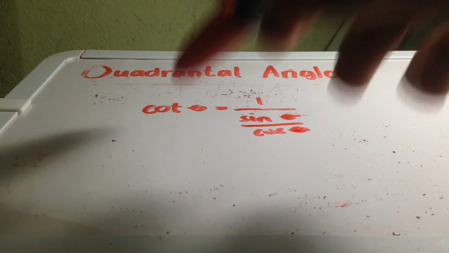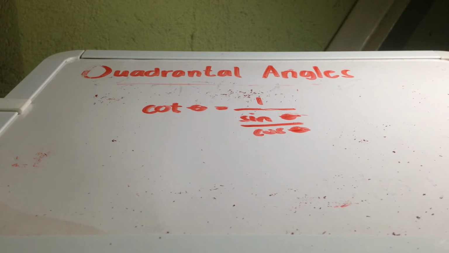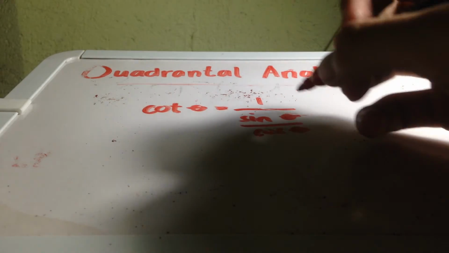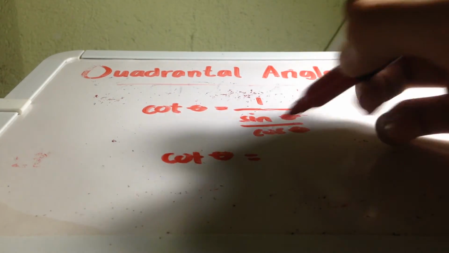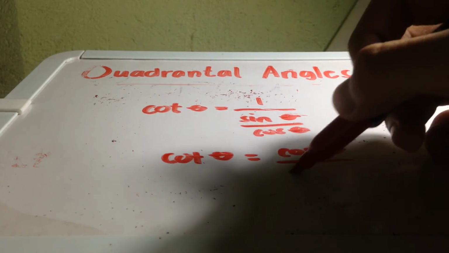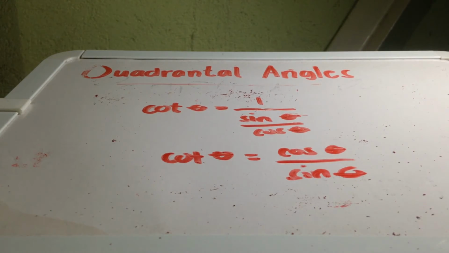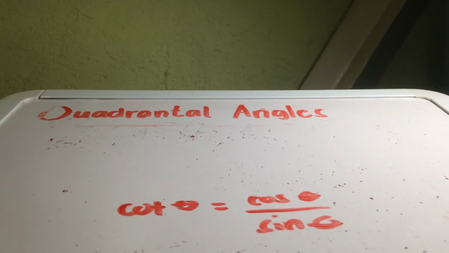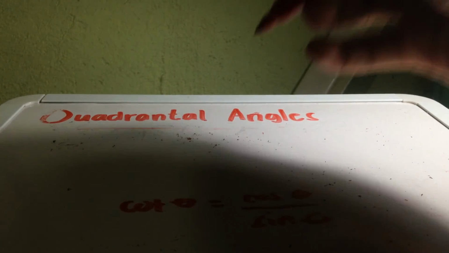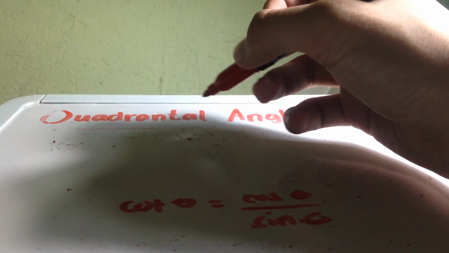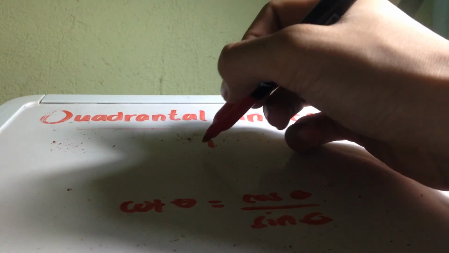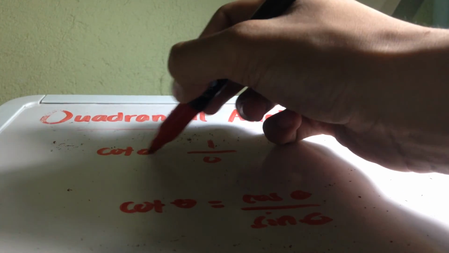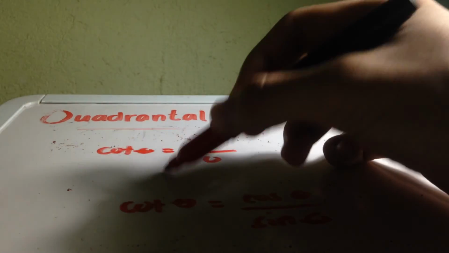And because we're going to find for the cotangent theta, we're going to get the reciprocal, which is cosine theta over sine theta. And to get a value of it using the 0 degrees, cosine 0 degrees is 1 and sine 0 degrees is 0. So it will have a value of undefined.